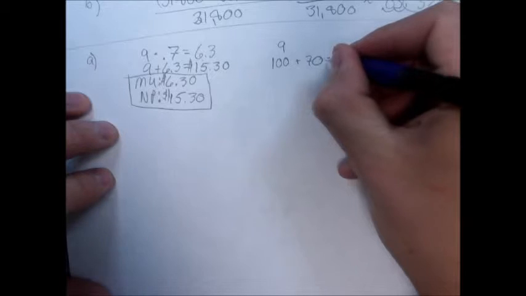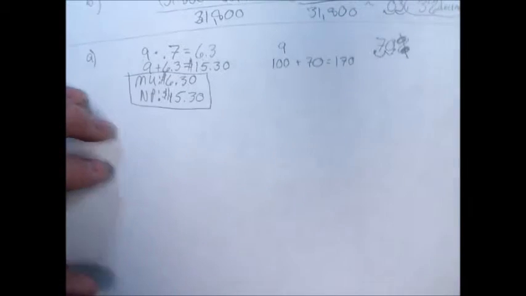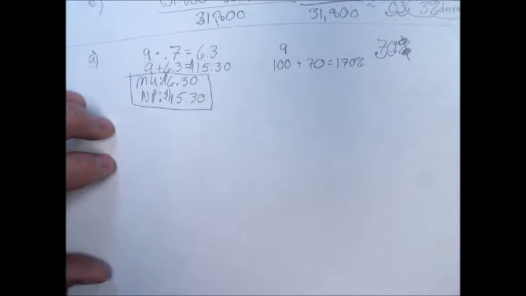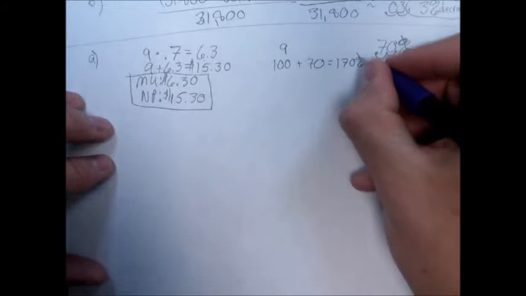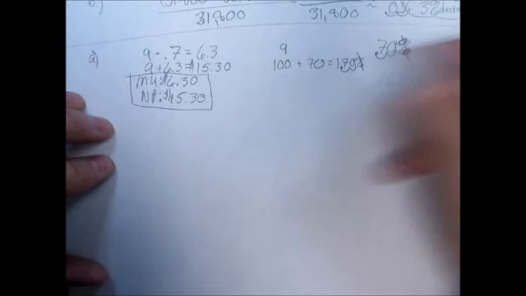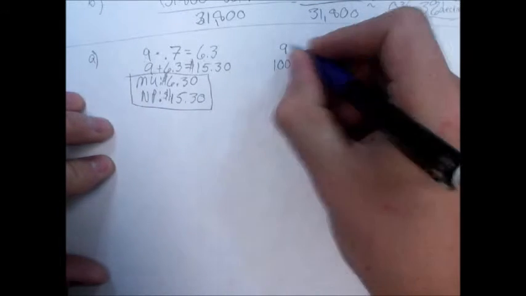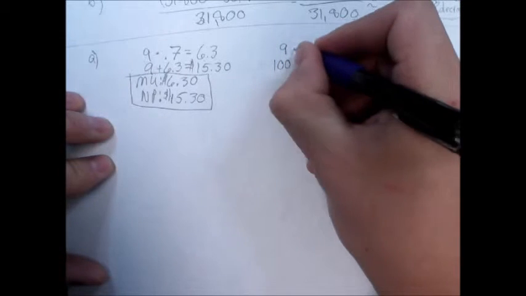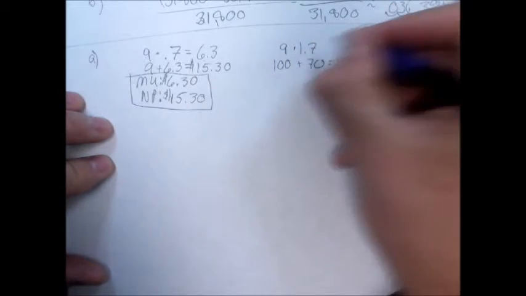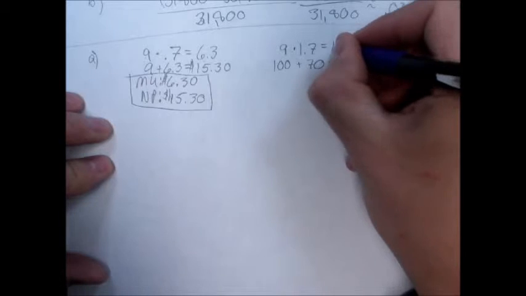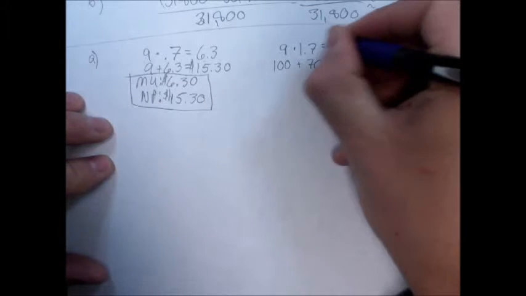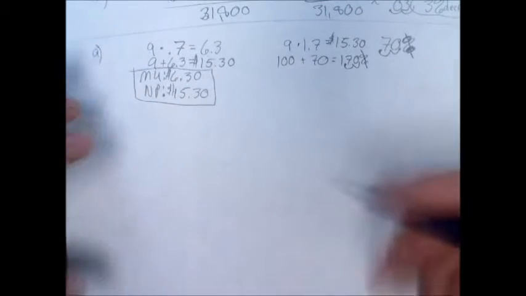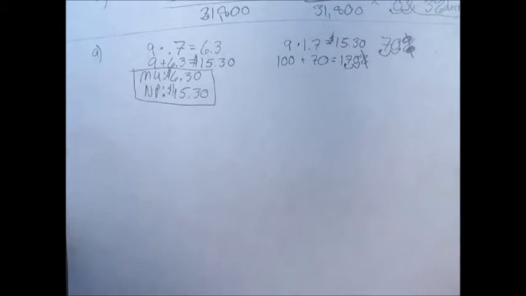So I'm going to pay 170% of what the store did. So if I convert 170%, moving the decimal two places to the left, I need 1.7 times 9. So I multiply it by 1.7. You type that in your calculator, you'll get 15.30 right away. It just saves you from having to find it and then add up.